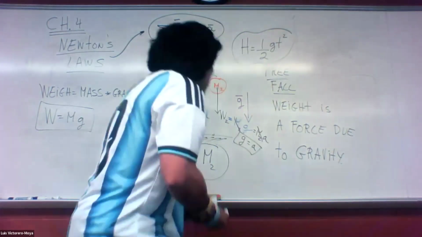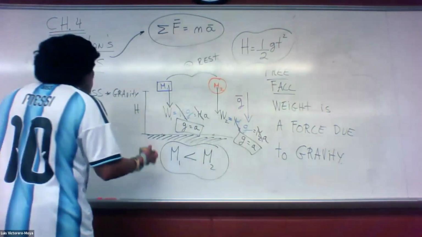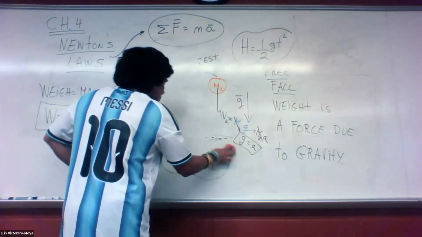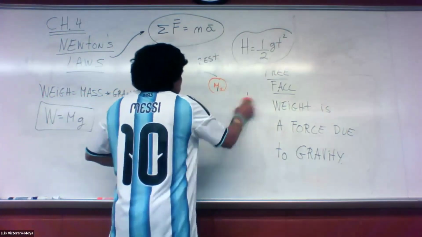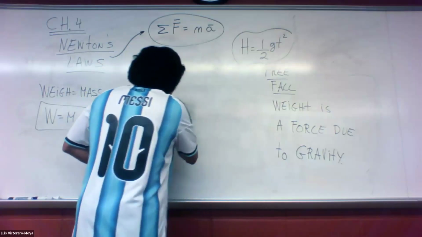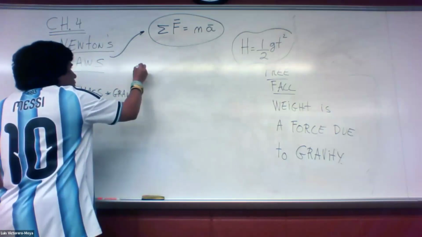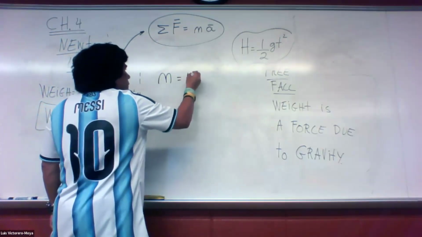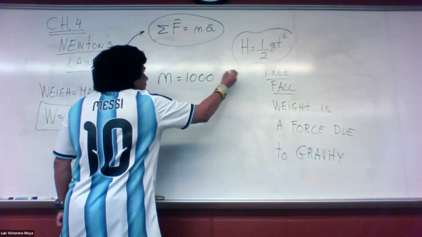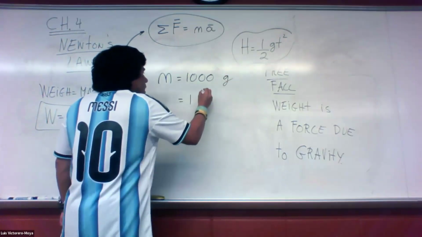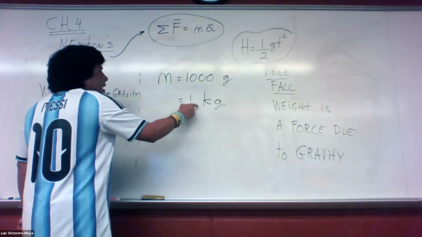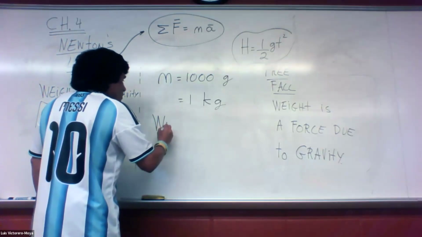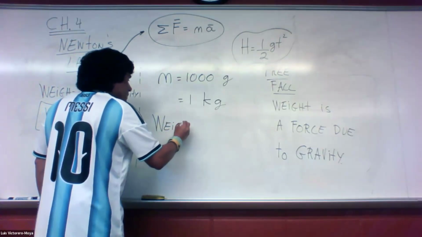So if you're given a mass of 1 kilo, that's not its weight. So tomorrow, you're going to be using different masses. Let's say that tomorrow you select a mass of 1,000 grams. 1,000 grams, we know that's 1 kilogram. That's the mass. What will be the weight? Which is the force due to gravity.